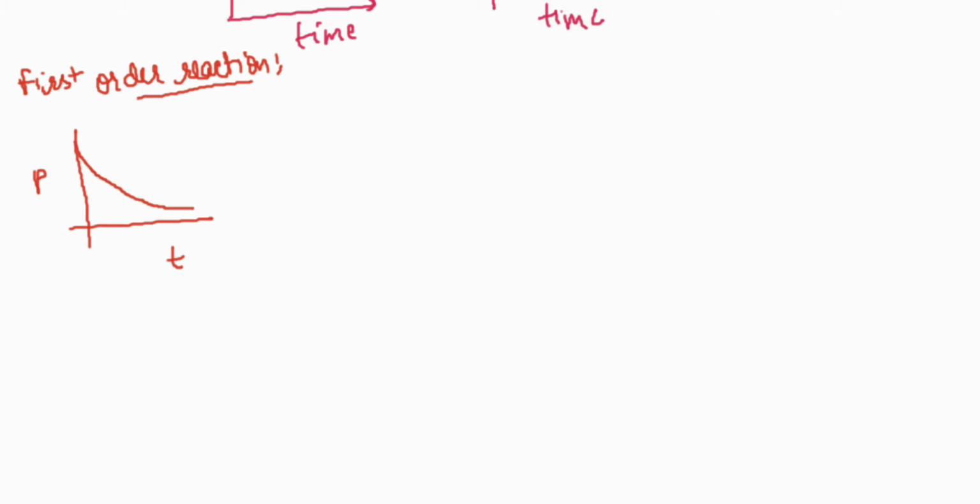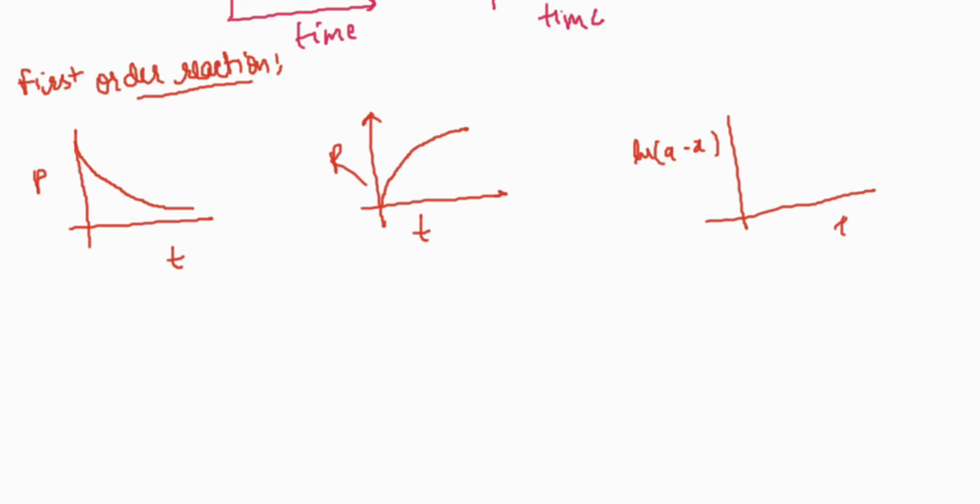Now if we talk about the concentration of product versus time, the curve increases exponentially. If we talk about ln a minus x versus time, then it is a linearly decreasing curve. These are the three curves we get from a first order reaction.